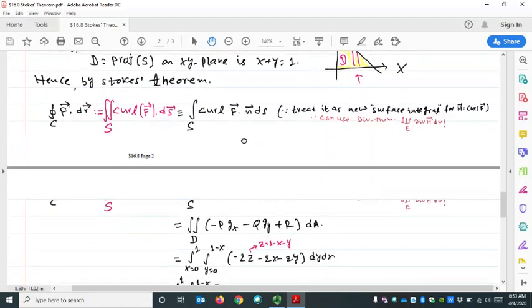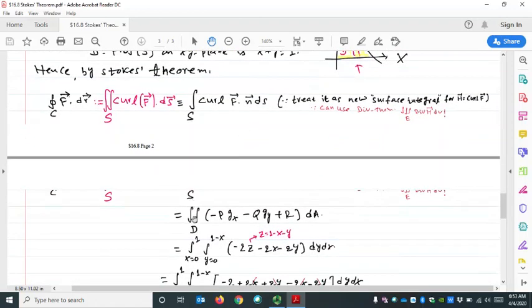Or let's go down here, which is the double integral over D of negative P times dx minus Q times dy plus R, outside dA. So that's the formula.